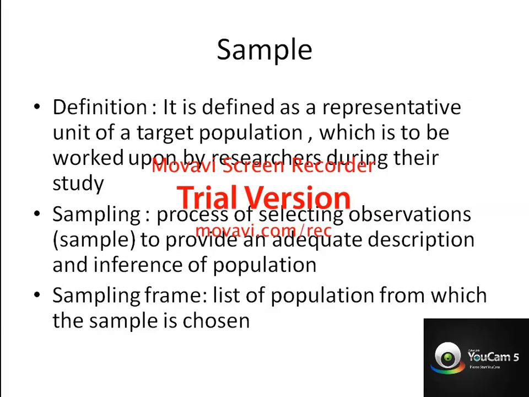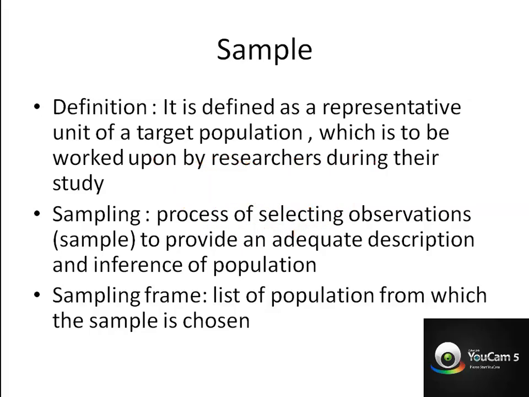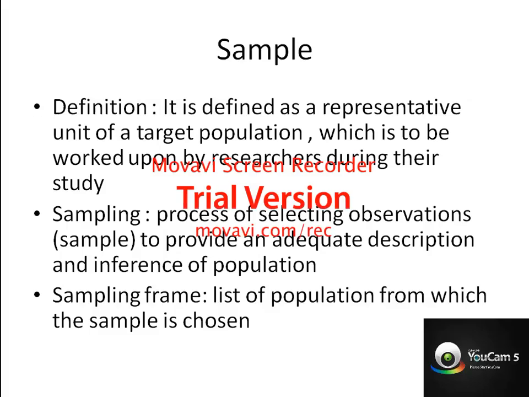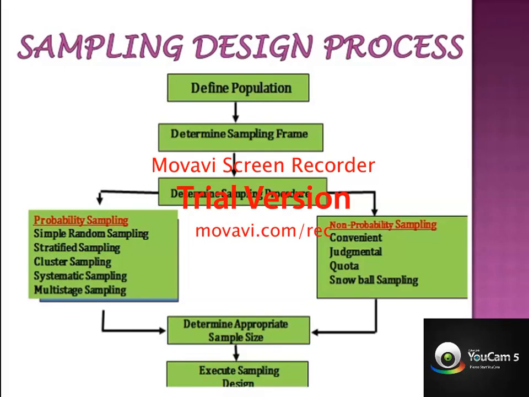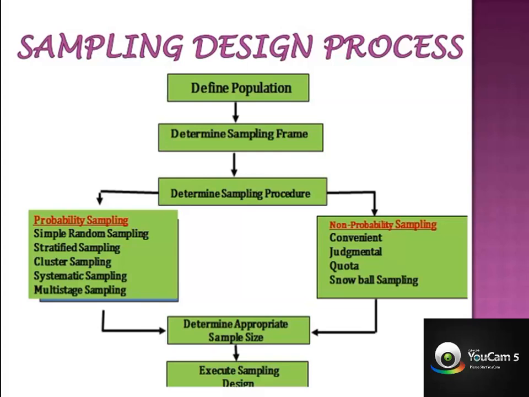The process of selecting observations, that is sample, to provide an adequate description and inference of a population, we say it as the sampling process. Sampling frame is nothing but the list of the population from which the sample is chosen. And for sampling design, you have to define the population, determine the sampling frame, that is bring the list, determine the sampling procedure, which has different types of sampling methods, probability and non-probability sampling, we will discuss it later.